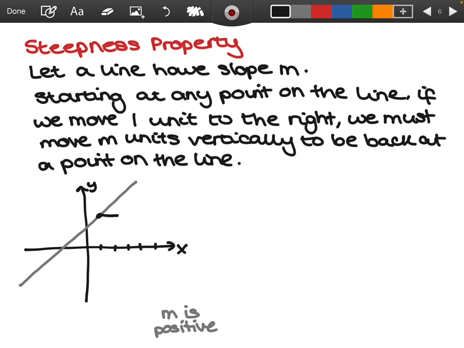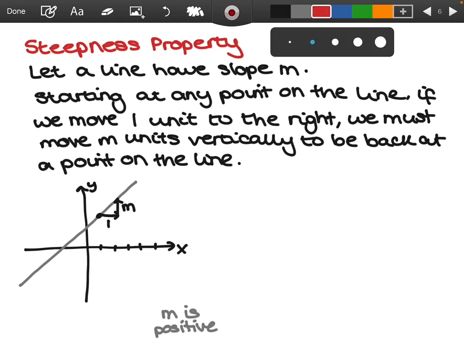If I move 1 unit to the right, in order to land back on the line, in this case, because m is positive, I have to move m units up. So I have to go up by a value of m, so whatever the slope is for this particular line, I go up by that many units, and then I land back at another point on the line.